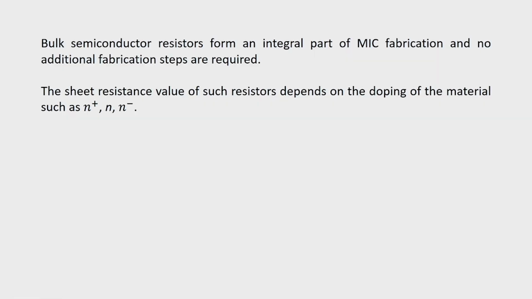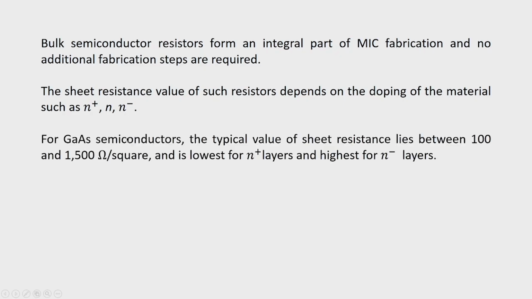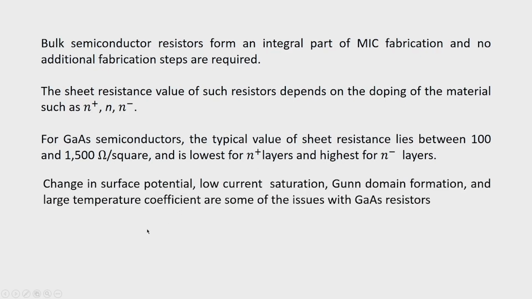N plus is highly doped, N is moderately doped and N minus is lightly doped. For gallium arsenide semiconductors, the typical value of sheet resistance lies between 100 ohm to 1500 ohm per square and is lowest for N plus layers because it becomes highly conductive and highest for N minus layers.